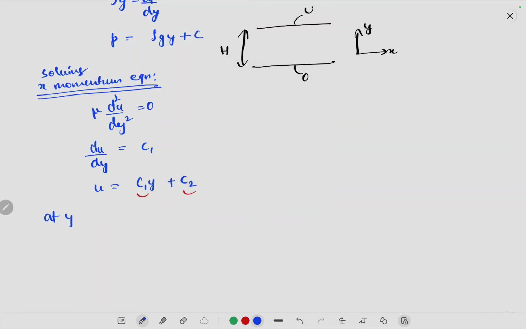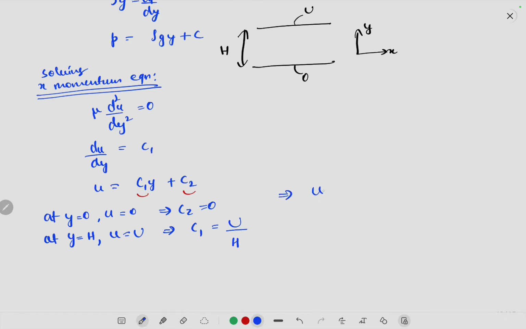Let's quickly write it. At y equal to 0, u equal to 0. If I put y equal to 0, I'll be left with u equal to c2, but u is equal to 0 there, so c2 will be 0. Next, at y equal to h, u is equal to capital U. So I'll have c1 equal to U by y, but y is h, so c1 equals U by h.